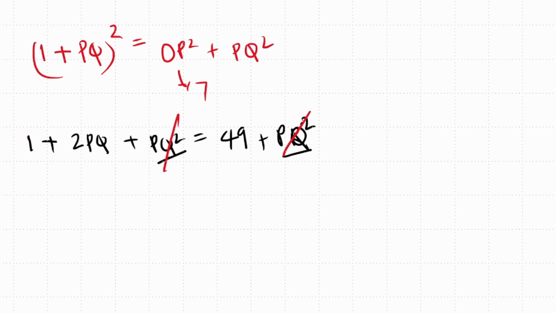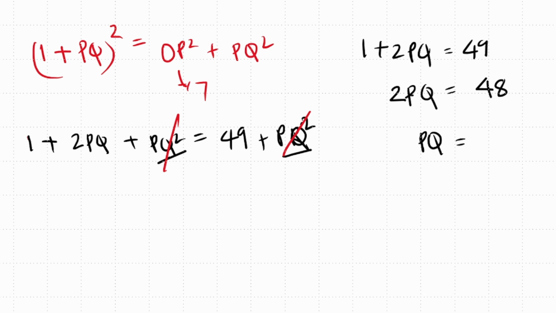Now we have 1 plus 2 PQ equals 49. So what is 2 PQ? 2 PQ is 49 minus 1, which is 48. Then PQ is 48 divided by 2, which is 24. Okay, so you got PQ as 24, right?